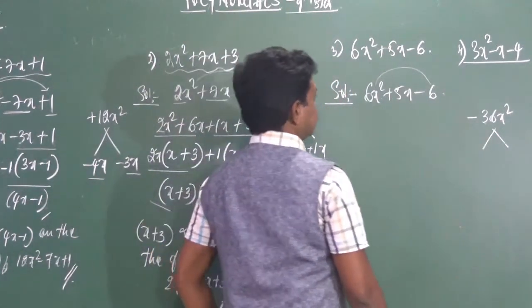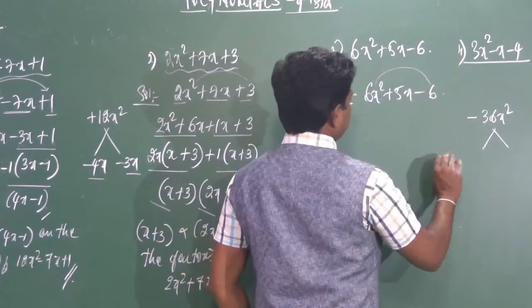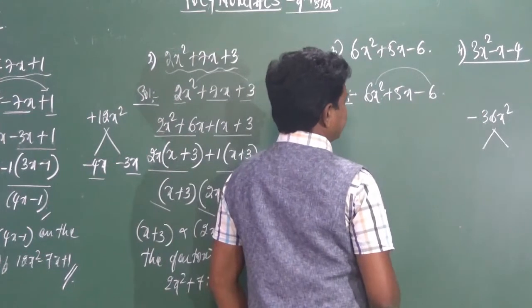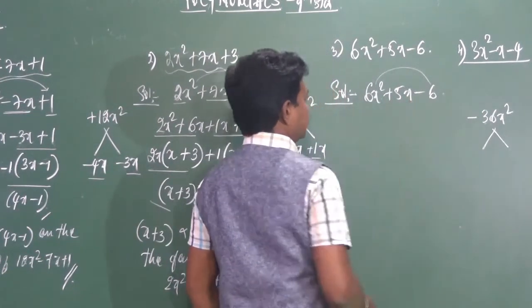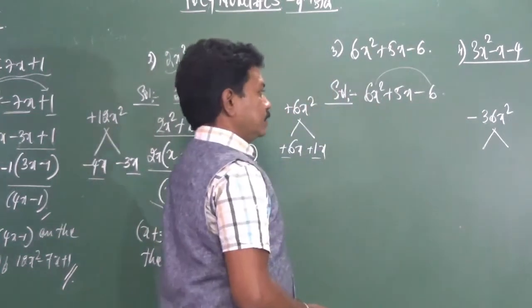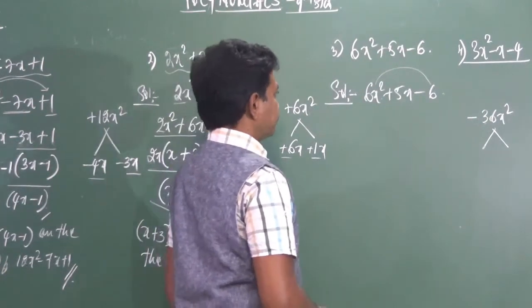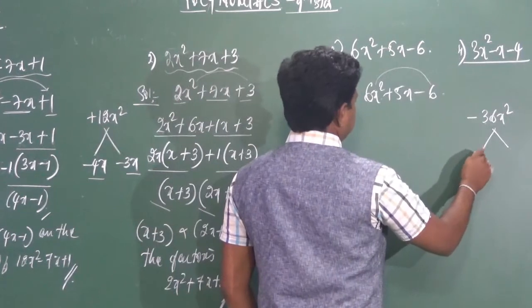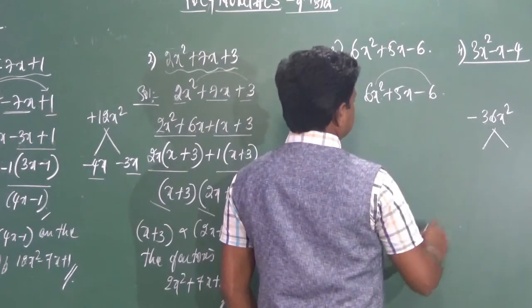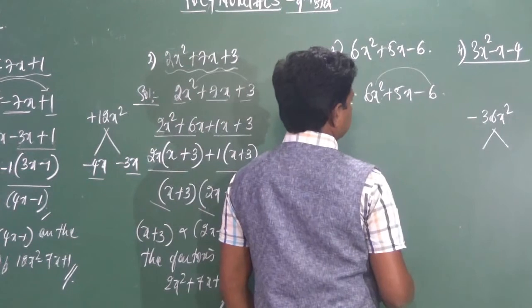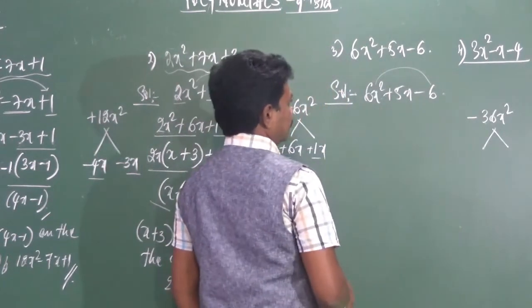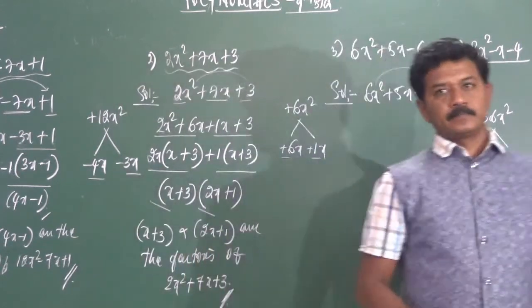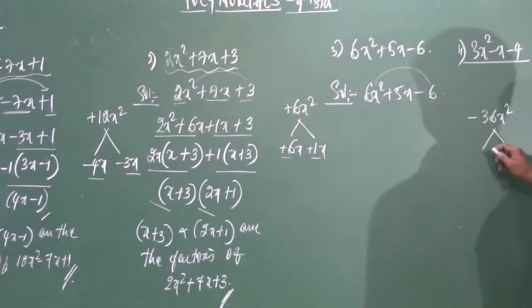So we can take, you can guess it here, minus 36x square and plus 5x. So it should be, we can take 9 and 4, I hope. 9 and 4, very simple.